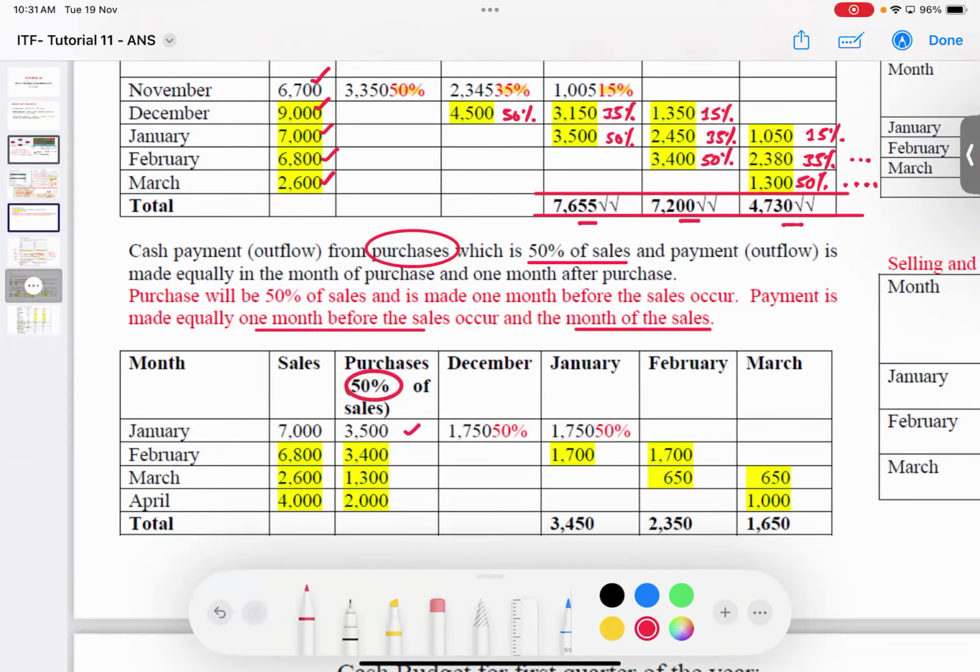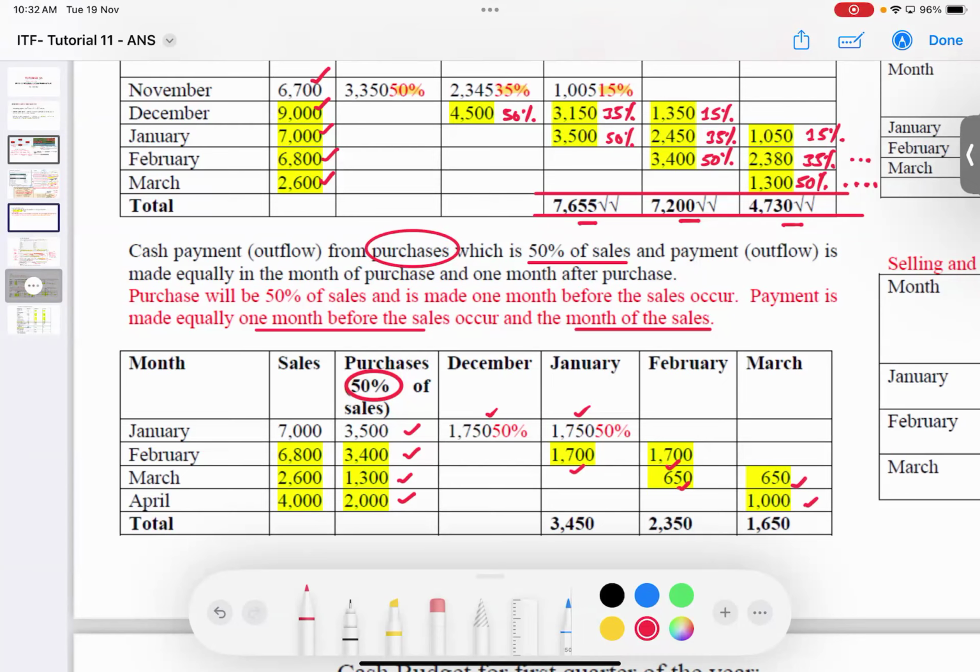So you made 1 in December, 1 in January. In February, your sales is 6,008, 50% is 3,004, and you made the payment 1 month before, January, and 1 in the month itself, February. Same thing for March and April. You made 1 month before and 1 on the month itself.